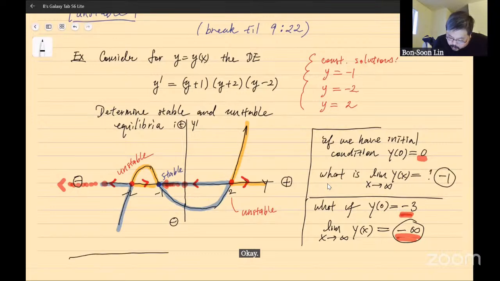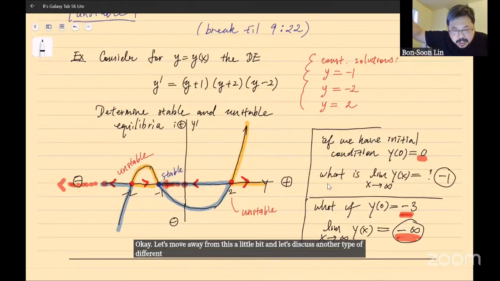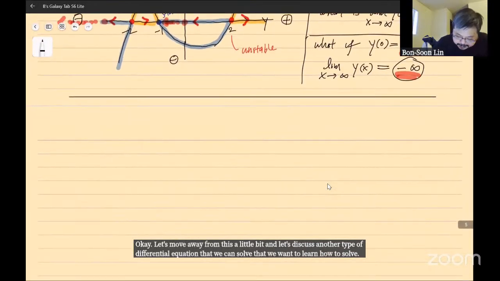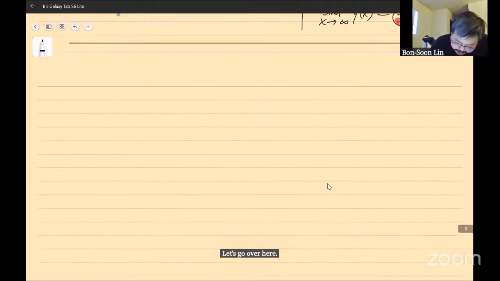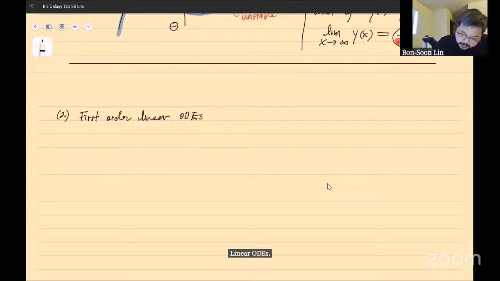Let's move away from this a little bit and discuss another type of differential equation that we want to learn how to solve. This is point number 2. These are first order linear ODEs.